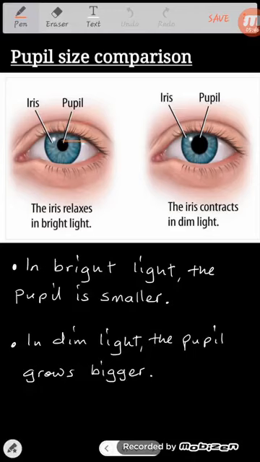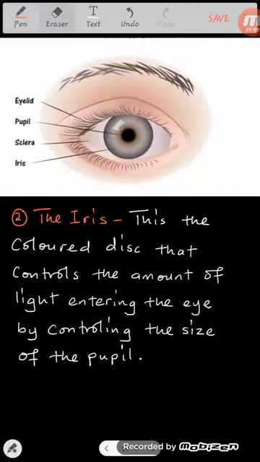Once you've looked at your pupil, you must now look at the iris. The iris. Now, the iris is that colored disc that you are able to see when you look at the eyes of a human being. Now, the color of the iris is dependent on the genetics that a particular person has.